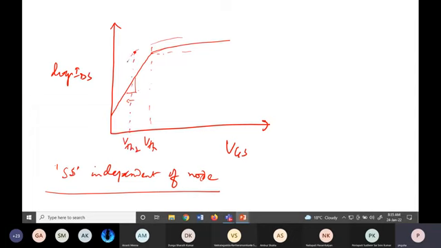Now you see, because of this subthreshold slope, this was Ioff, and now the new Ioff is here, say Ioff2.